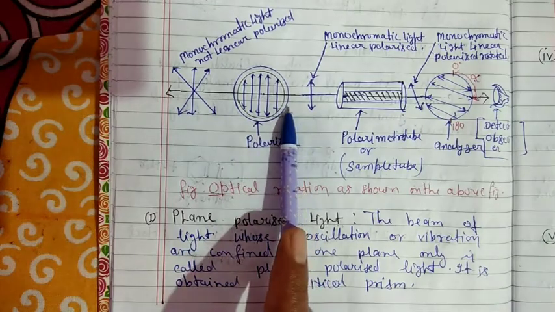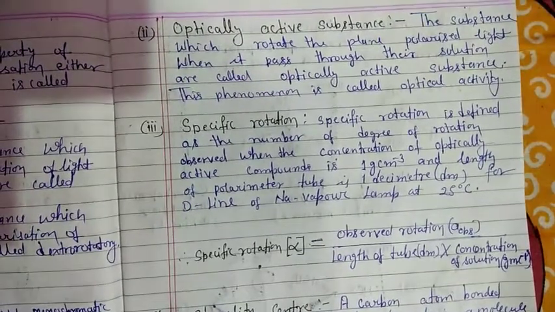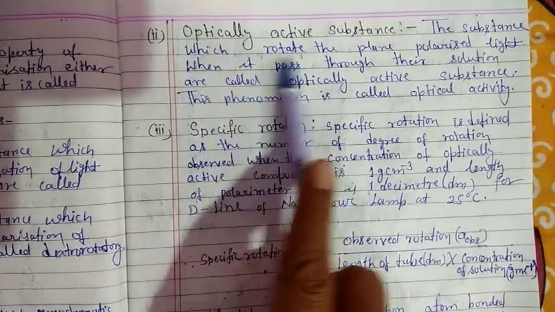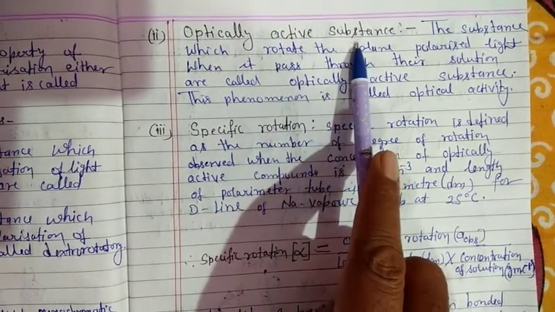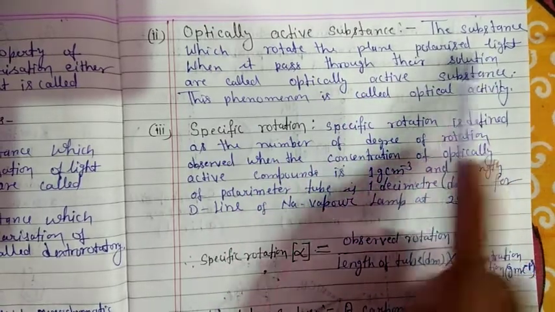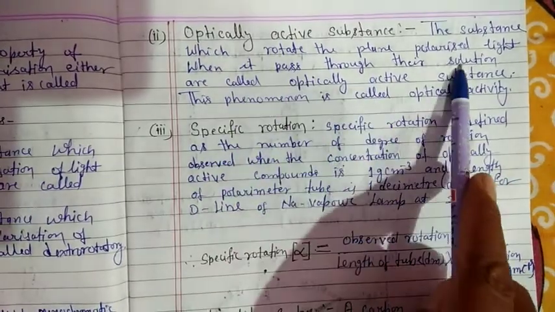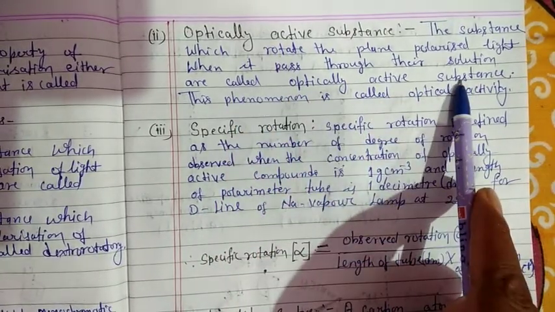Okay students, and the second point, optically active substance. What is an optically active substance? The substance which rotates the plane polarized light when it passes through the solution is called an optically active substance.